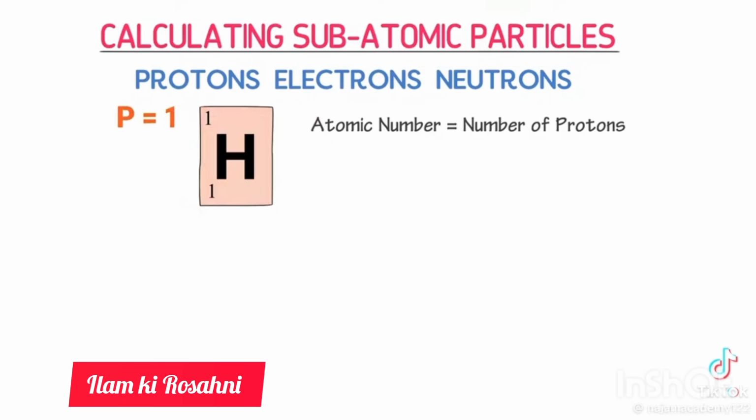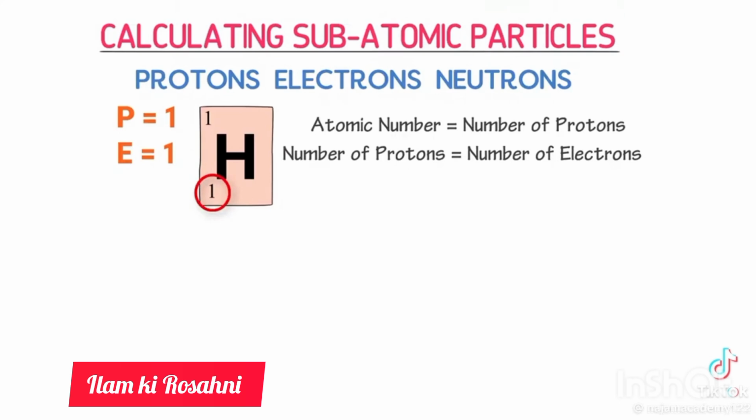We also know that in an atom, number of protons is equal to number of electrons. Hence, there is also one electron present in hydrogen atom. What about neutrons? Simply minus atomic number from atomic mass or mass number. 1 minus 1 is equal to 0. Thus, there is no neutron present in this hydrogen atom.